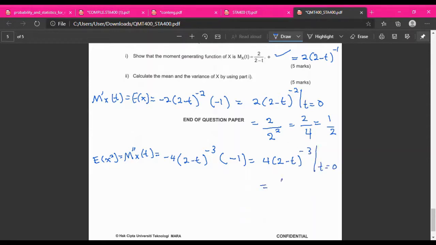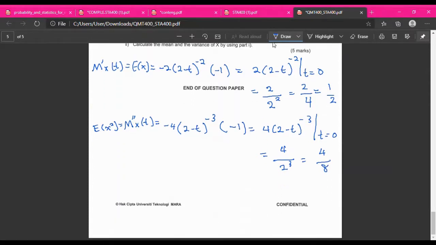Then you will get 4 over 2 power of 3. So it will be 4 over 8, right? Which is 1 over 2 also. Our intention is to get the variance, which is expected of x square, so 1 over 2 minus the mean square. 1 over 2 square. So finally you will get 1 over 2 minus 1 over 4. Then you will get 1 over 4.